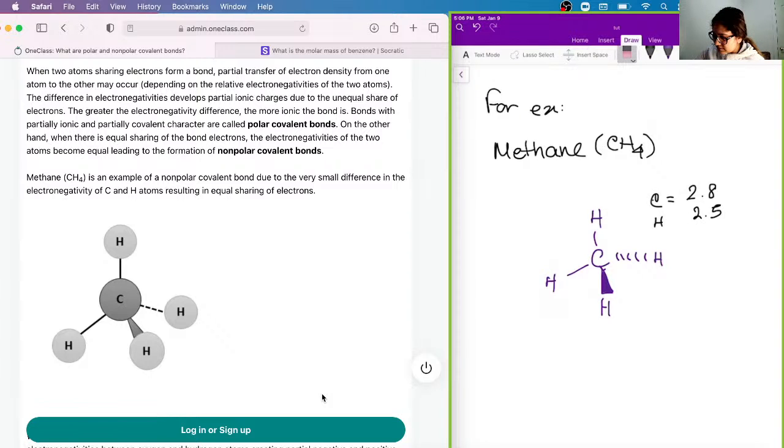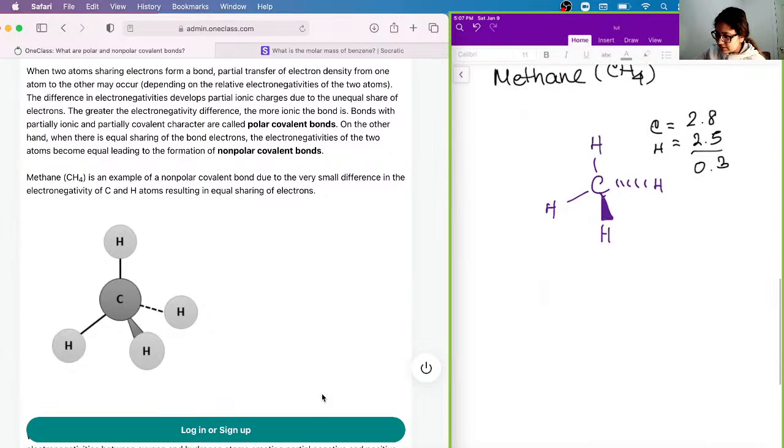This is given in an electronegativity chart, and the difference is about 0.3. So the electronegativity difference is very low, and this is a non-polar covalent bond.